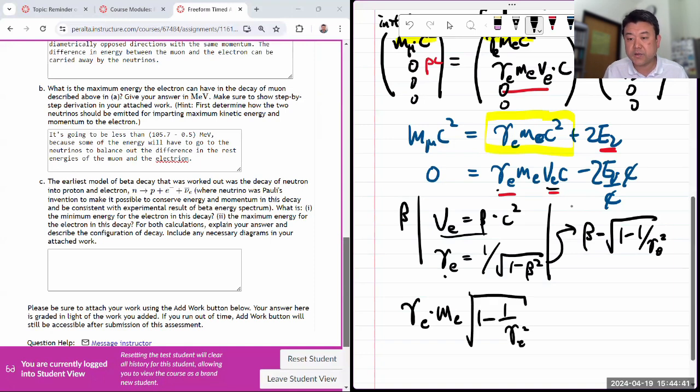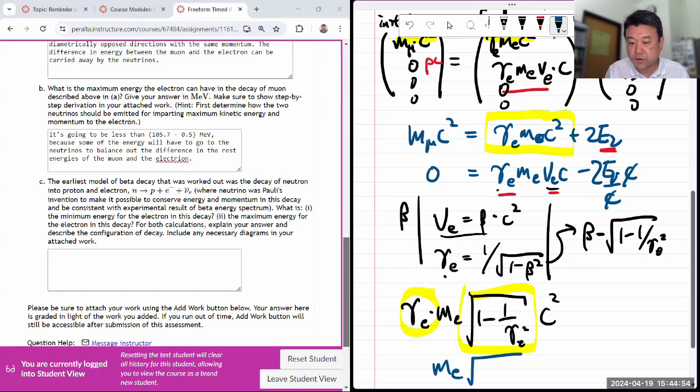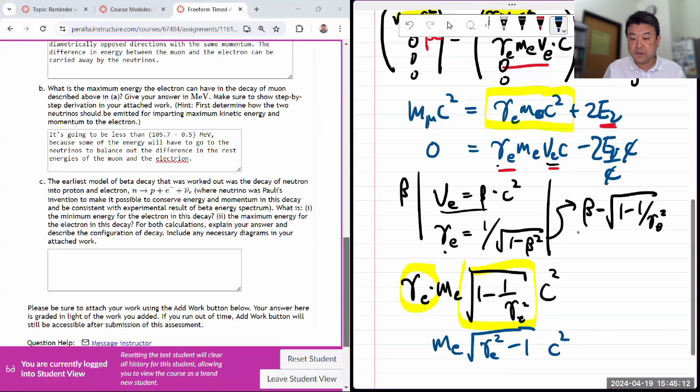And because this is v over c, now I'm multiplying by c squared. Now imagine absorbing this gamma e into this square root. You see simplification. You see me times the square root of gamma e squared times 1, that gives you that, minus gamma e squared times this gives you 1. So it's a relatively simple expression.